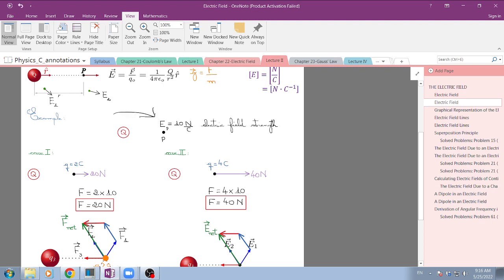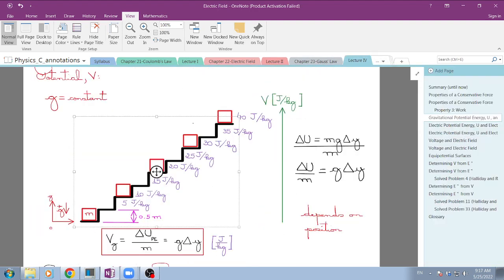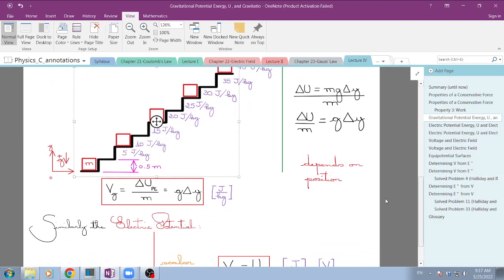So this is a very similar idea. What you do here is consider that this point has a scalar quantity spatially associated with it. In this case, this point is going to have, for example, 5 joules per kilogram and so on.